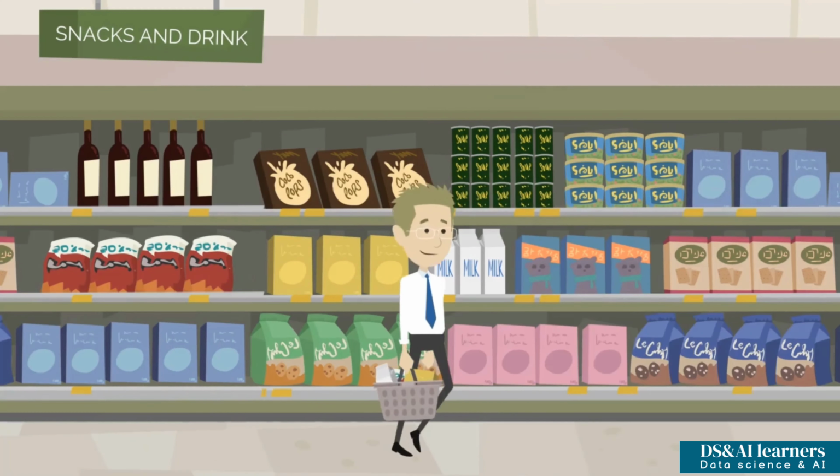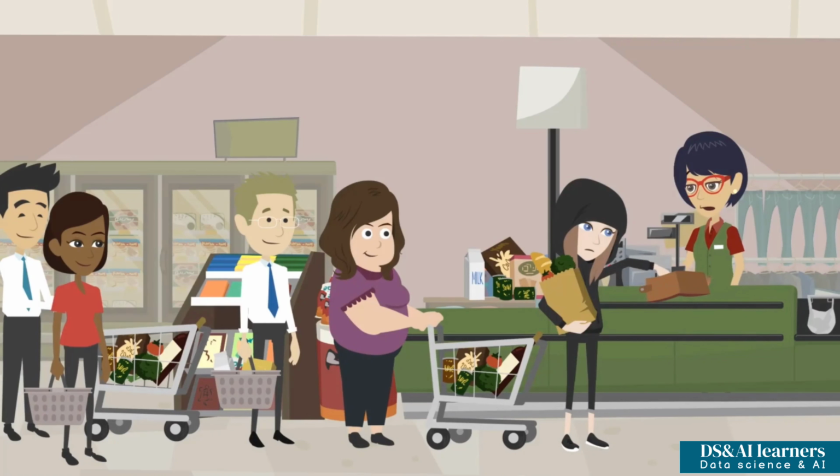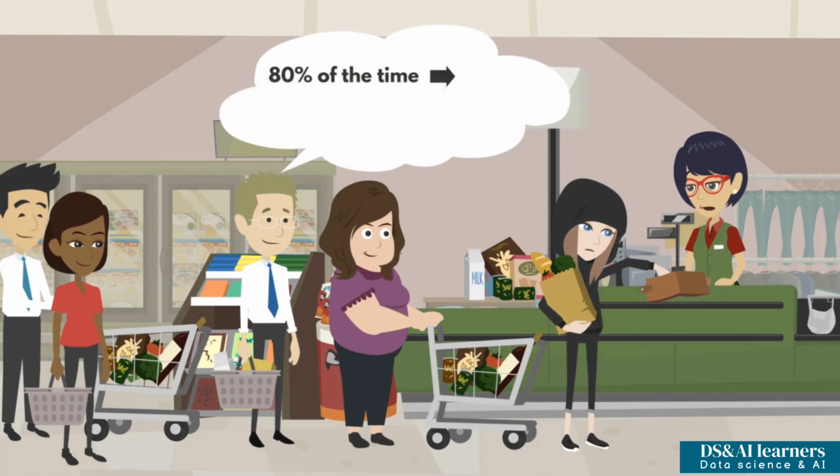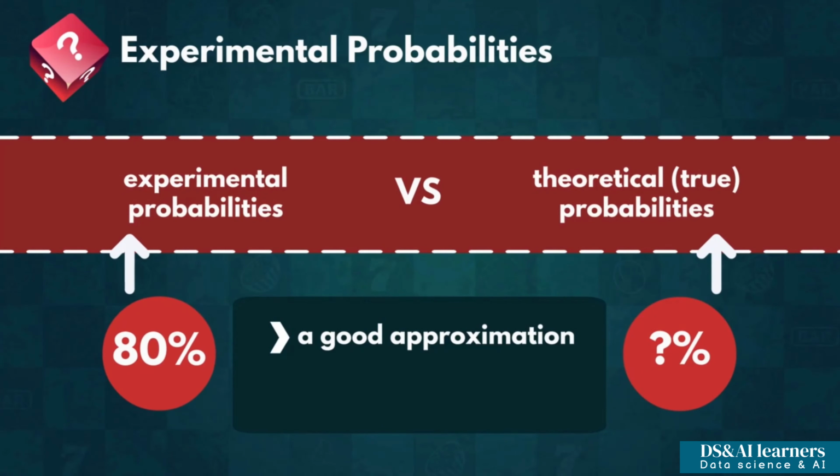For instance, 8 out of 10 times I go to my local shop, I have to wait in line. Based on my experience, 80% of the time there will be a queue, and 20% of the time there won't be one. I can try to calculate the true probability, but it would include far too many factors. The experimental probability, on the other hand, is easy to compute and very useful.